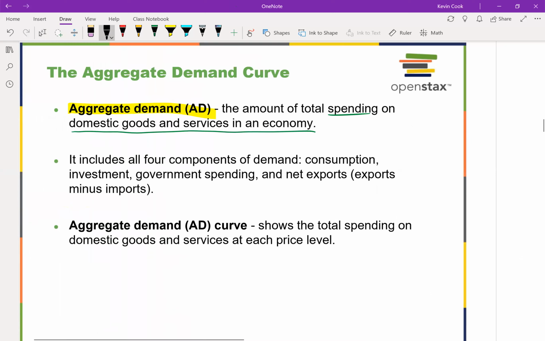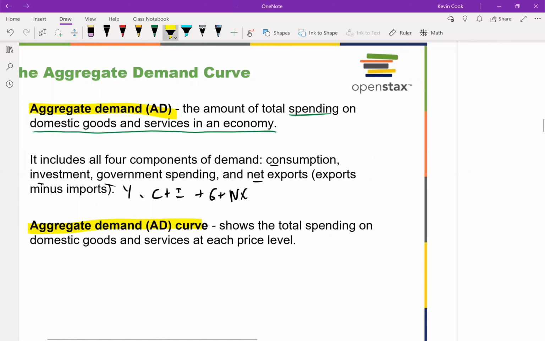To measure this, we look at consumption, investment, government spending, and net exports, because if we remember, Y is equal to C plus I plus G plus NX. That's what we're looking at with aggregate demand. And then we have an aggregate demand curve that looks something like that. Again, it's just a curve that shows our aggregate demand.